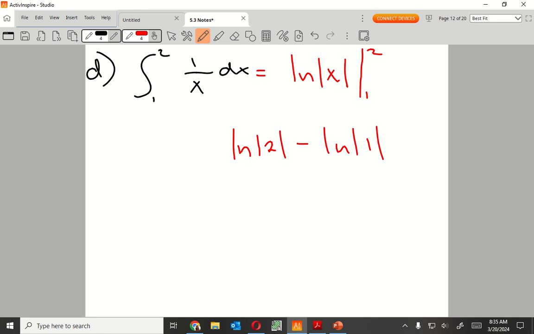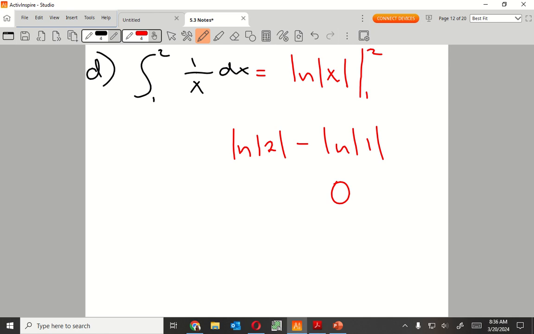And since 2 is already positive and 1 is also positive, I don't have to worry about my absolute value brackets anymore. But what is ln 1? Anyone recall ln 1? ln 1 is going to be 0.